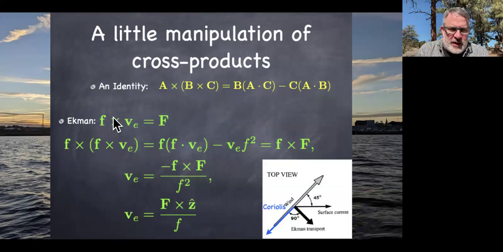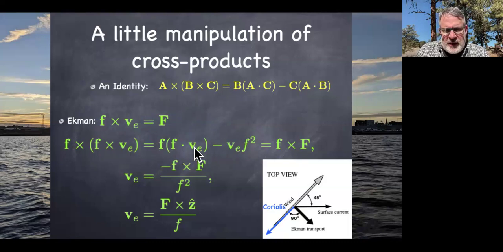Basically, in this formula where we have f cross VE equals this friction force, we can cross it again with f, and then we get something of this form. Both A and B here would be f, and C would be VE. And so we just follow that formula.